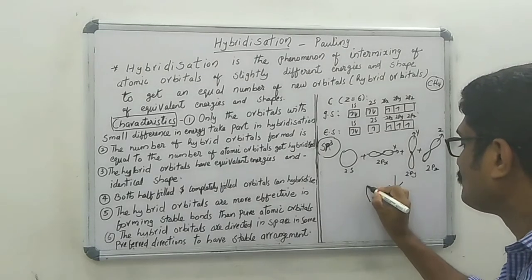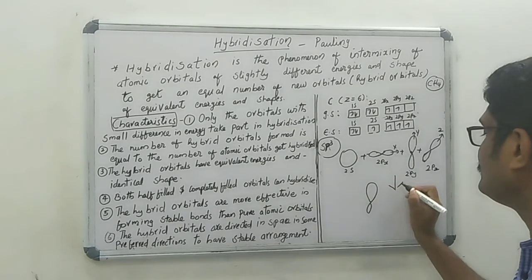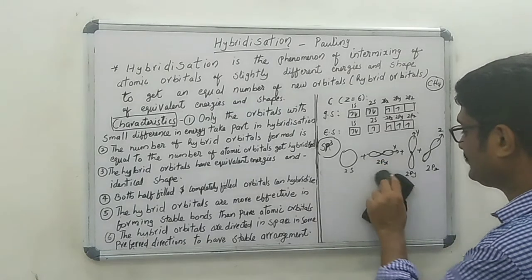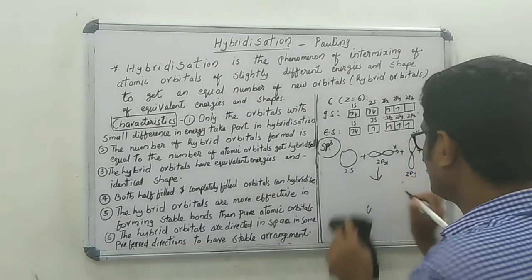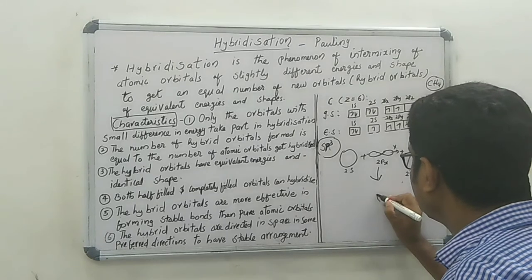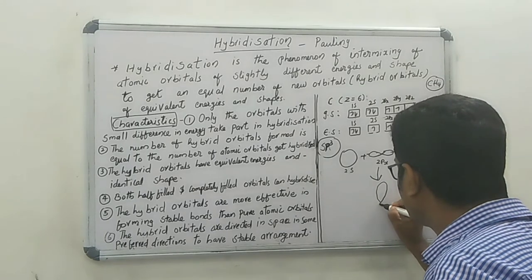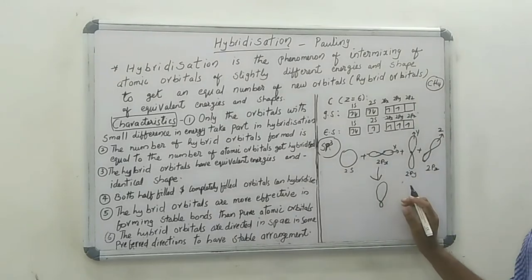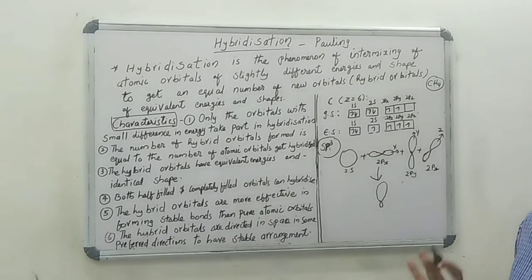Here one hybrid orbital we can indicate using one big lobe and a small lobe. This is one hybrid orbital, meaning one new type of electron cloud.